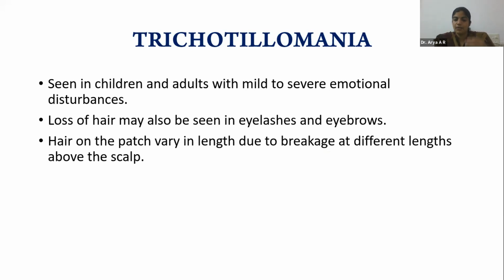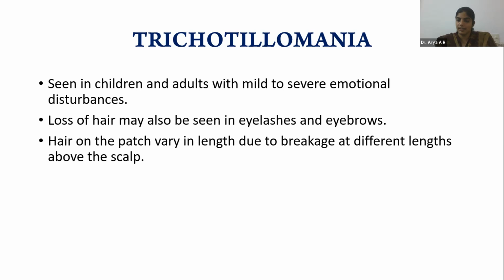They will have short hair on their frontal hairline and lengthy hair on their back. Eventually they will pull out the hair from its root, and once scarring happens, no more hair will grow.